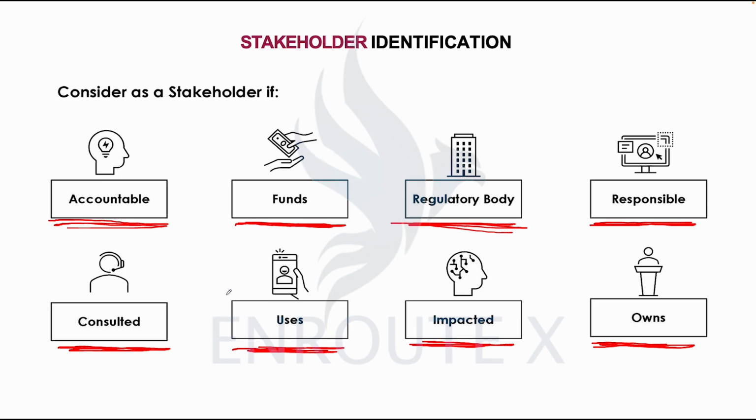We are mostly used to stakeholders as the user, but we can see from here that a stakeholder goes beyond just the user. It could be someone or a group or an entity that is accountable on that particular project or product or portfolio.